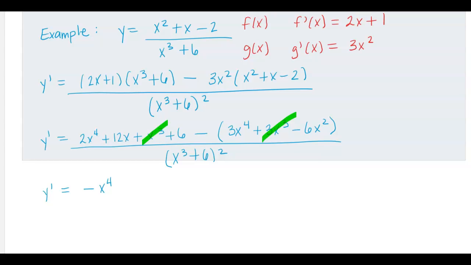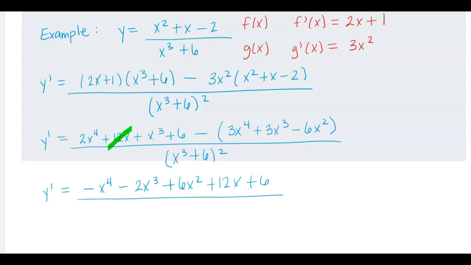That's a minus 3x cubed. So minus 2x cubed. This is going to change to plus. And then we've got this guy plus 12x and plus 6. I think that's everything. Divided by x cubed plus 6, the quantity squared.